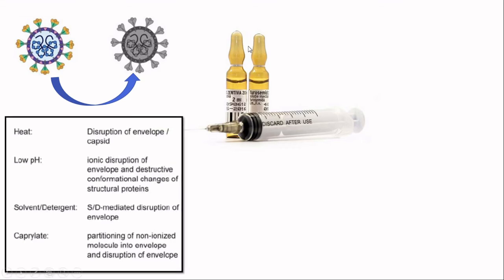But as you can notice, its spikes and everything remains the same or looks the same, and we don't want to denature its spikes because those are the ones going to create the immune response. So there are different ways to have inactivation of virus done. We can use heat, low pH, alkali, detergent. Many treatments can be done.